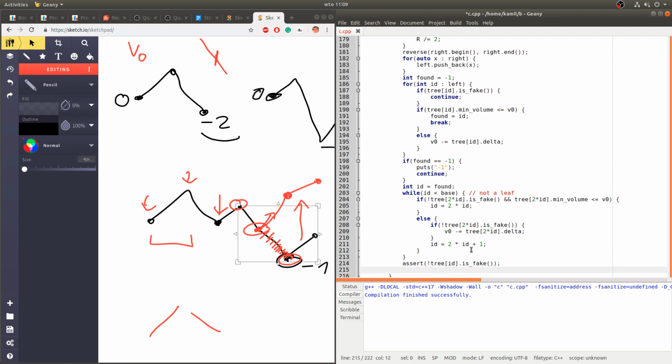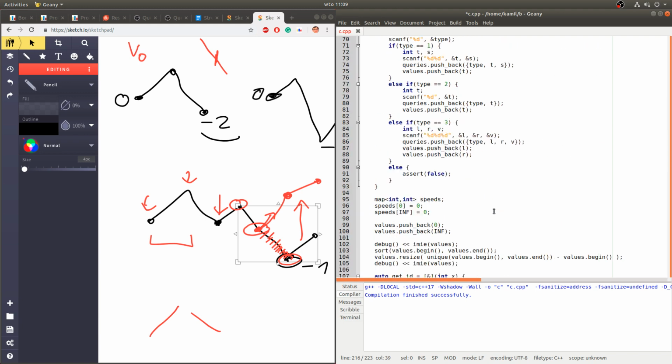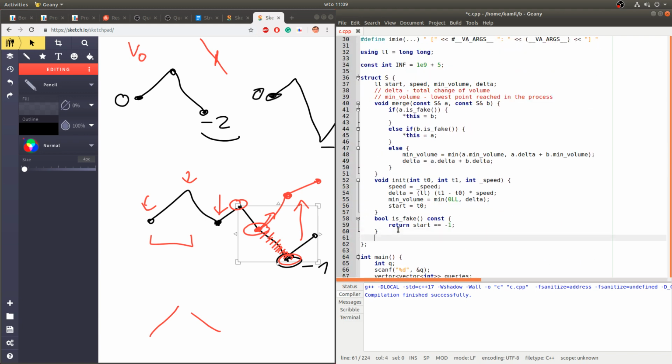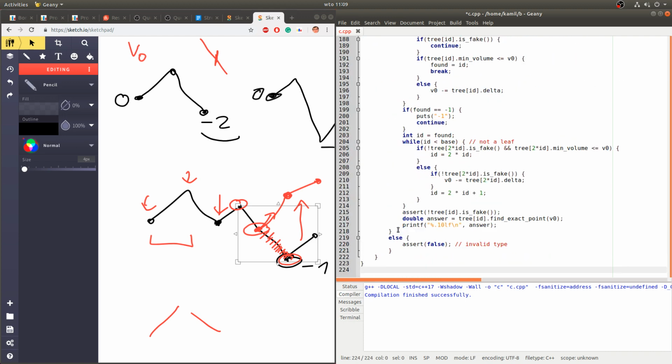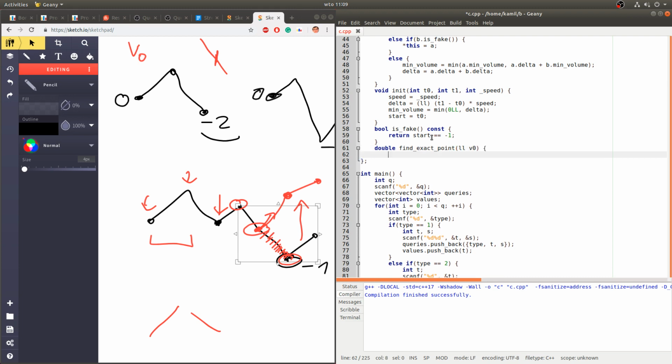And let's print answer is tree of id find exact point. That will get v0 and print answer. What was it? Get find exact point v0.